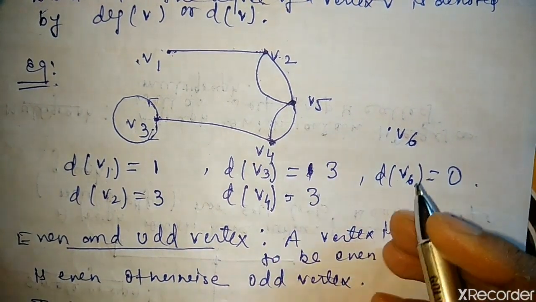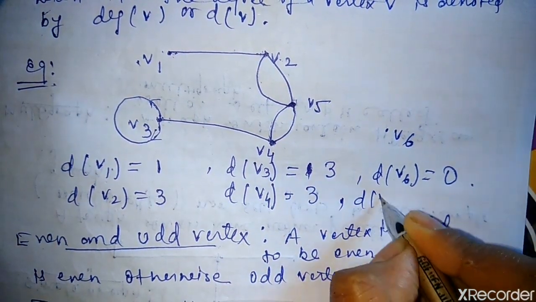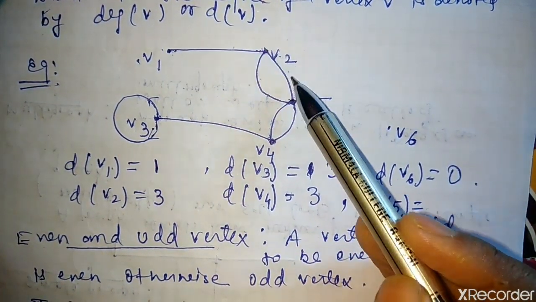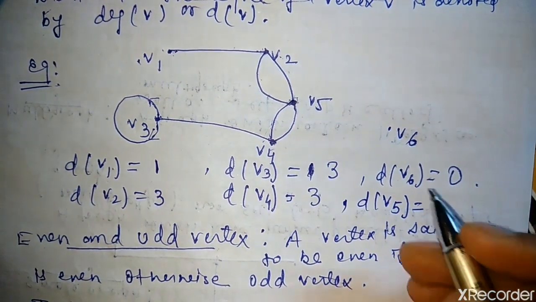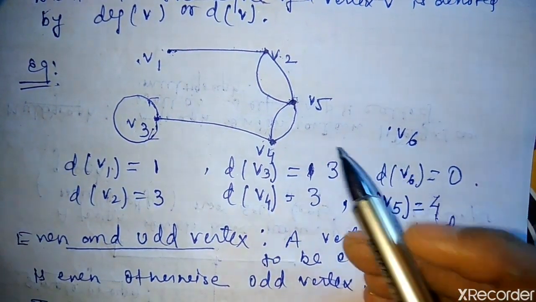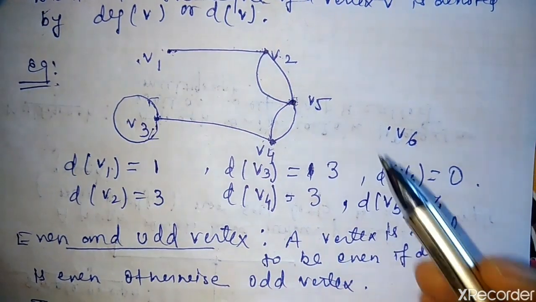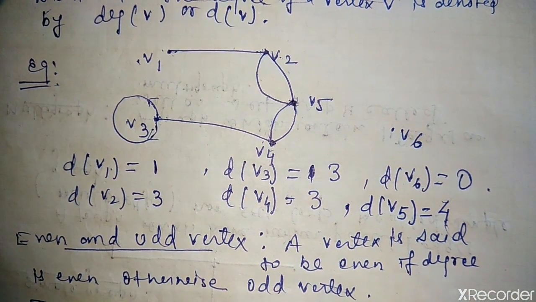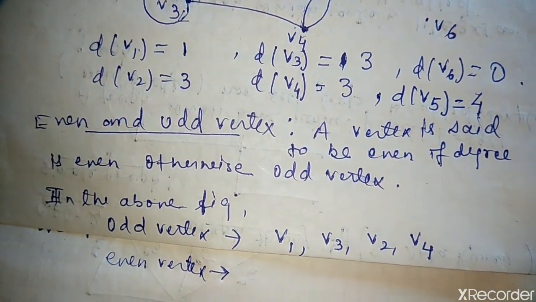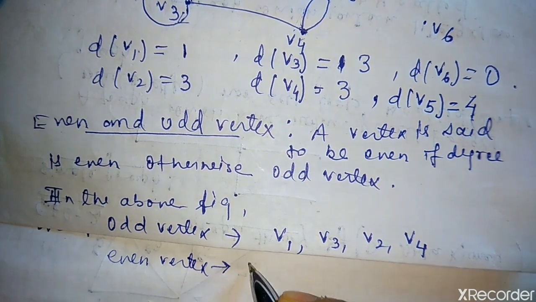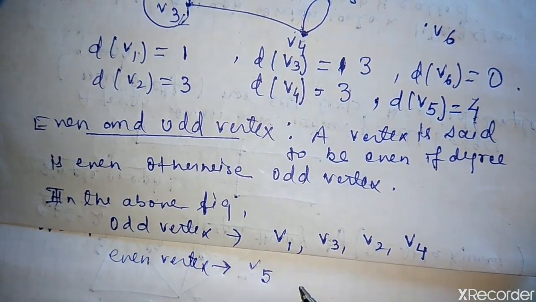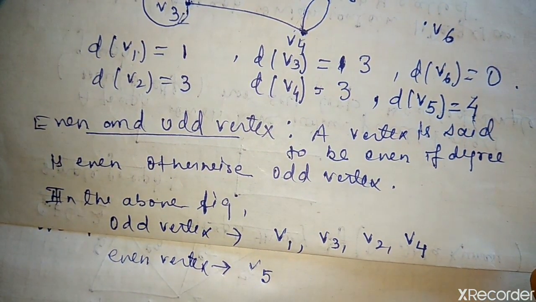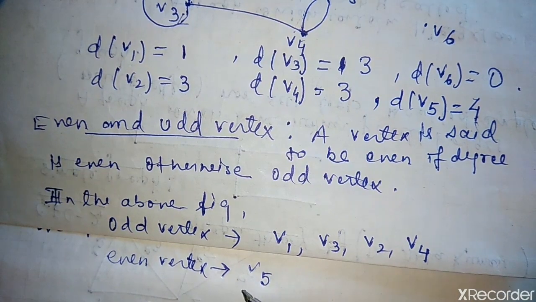Here we have D of V5. D of V5 is 1 edge, then 2, then 3 and then 4. So 4 edges we can form from the vertex V5, so the degree is 4. That's why the even vertex is V5, because only V5 has even order. Fine.